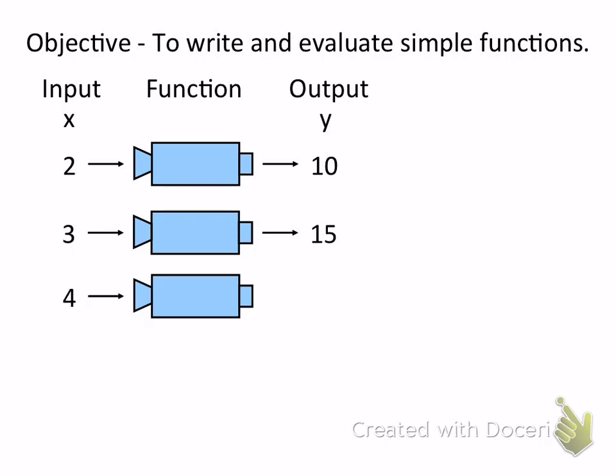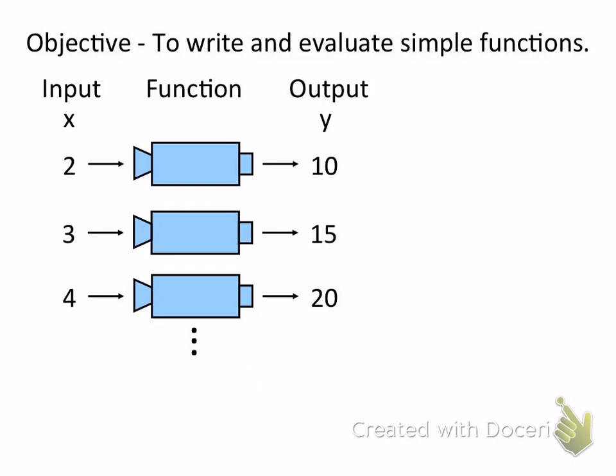What's happening inside the machine to make the 2 become a 10? Zach? It's being multiplied by 5. So my function machine is multiplying all these numbers by 5, like a washing machine, and it comes out 5 times as much.